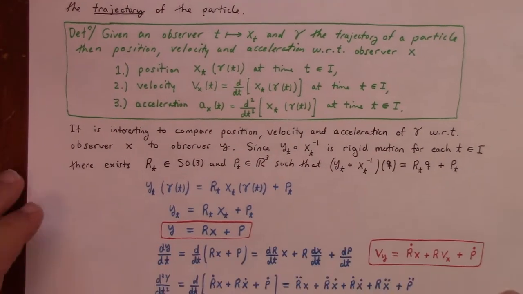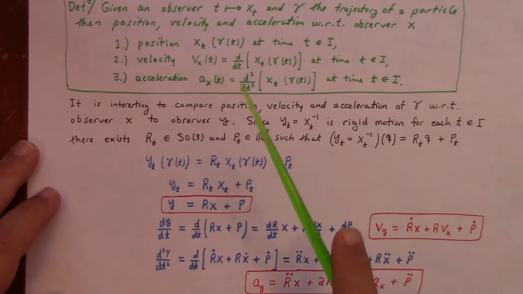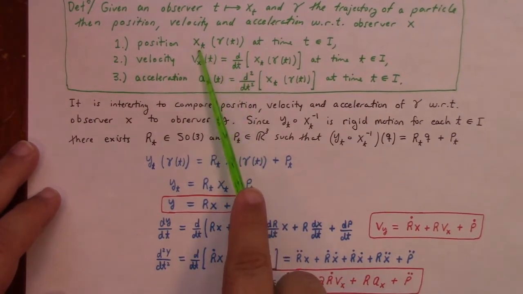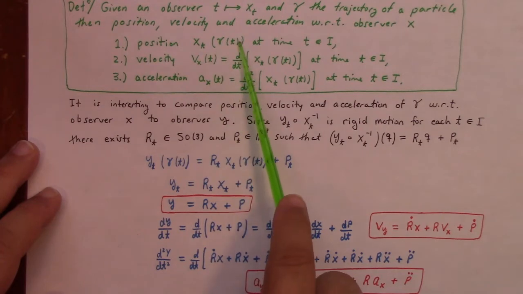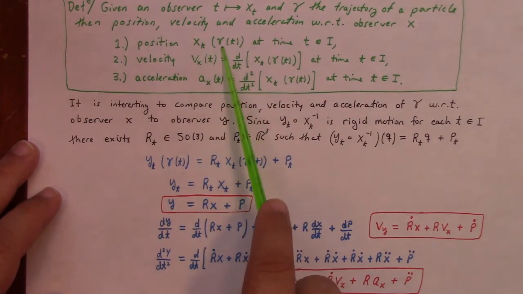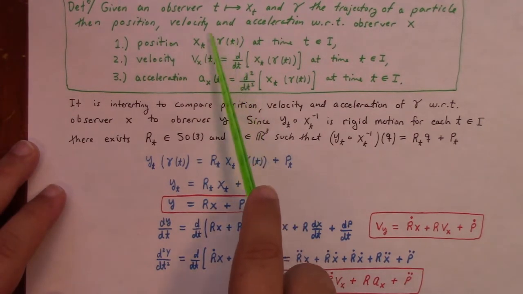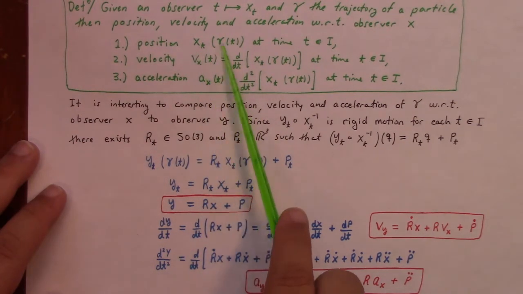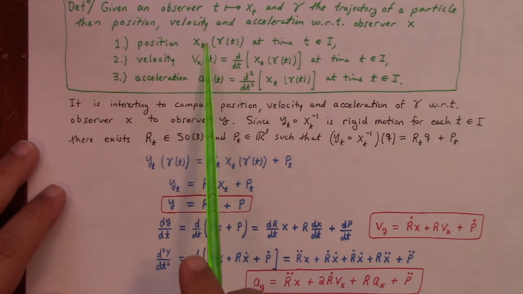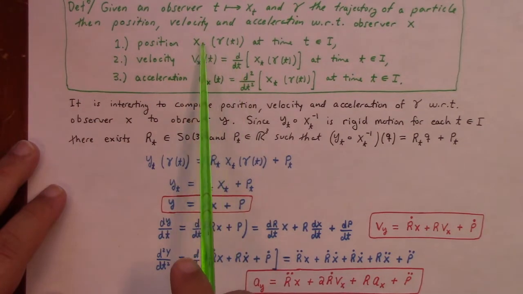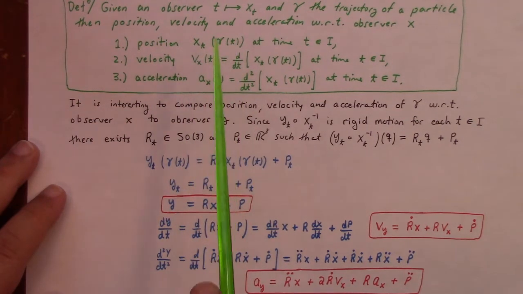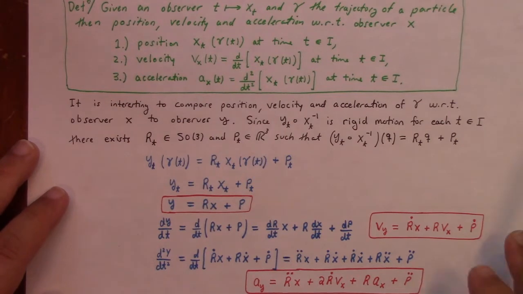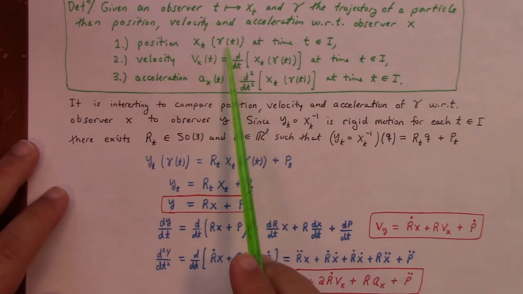So here it goes. So again, position is just the observer. So gamma of t is a path in S, physical space. X of t is a path in R3. So you're making a bijection between the path in physical space and the corresponding path in R3, all right? And by the way, paths in R3 are what we study in Calculus 3, right?